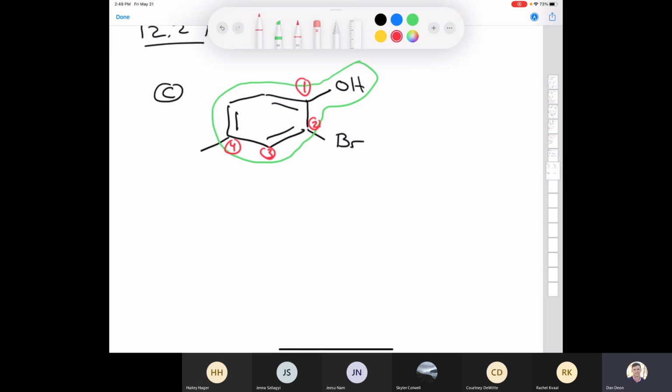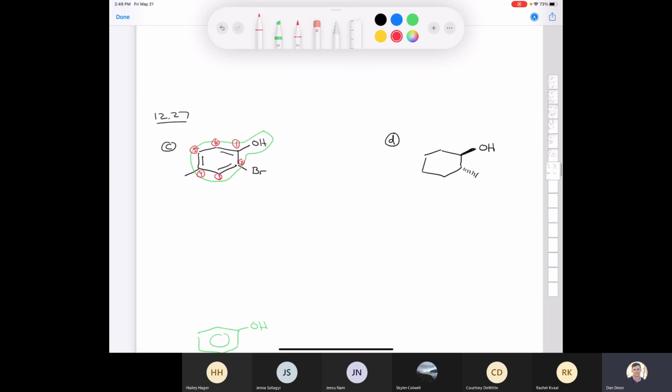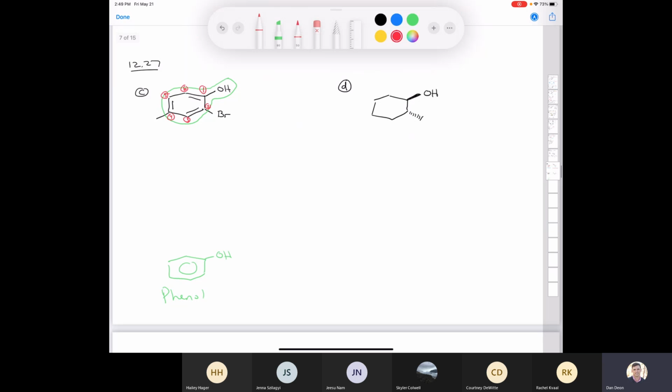And so the way that I have the numbers right now would be the correct manner for numbering the phenol. So again, our parent is going to be phenol, and we've got a 2-bromo as a substituent, and we've got a 4-methyl. So we could put that all together really quickly. We've got 2-bromo, 4-methyl, phenol.